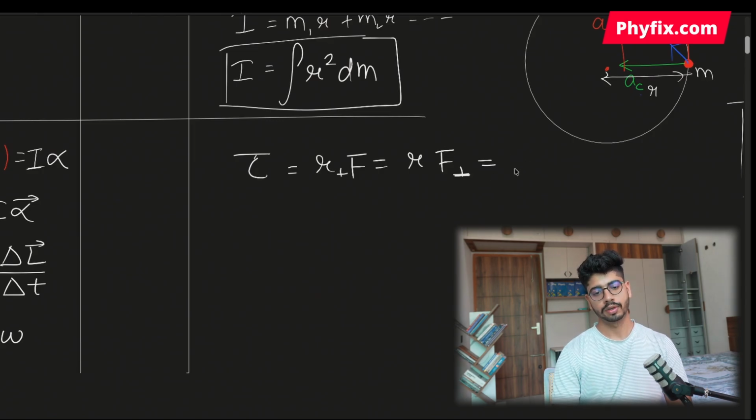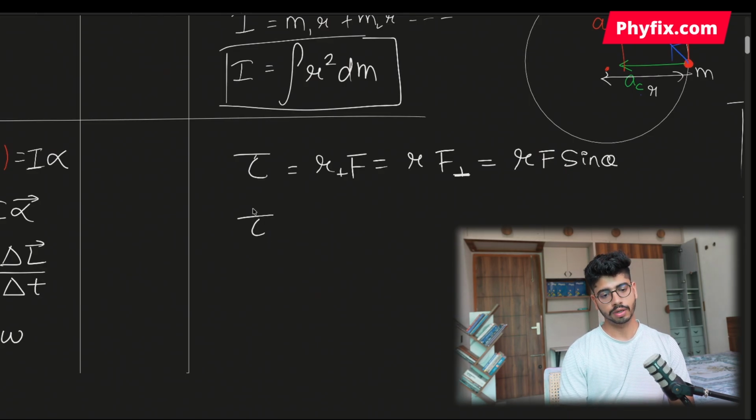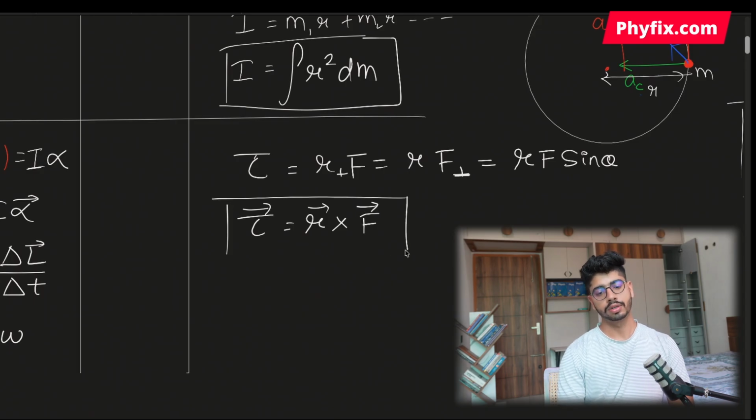So R F sine theta. And if you know the cross product, it will be great. So I can write it as a cross product, R cross F. This is how we write that.